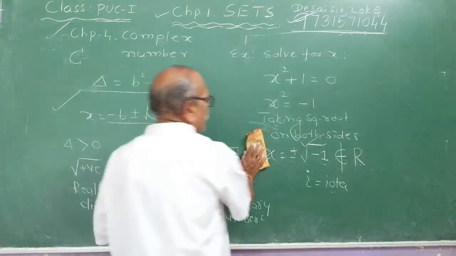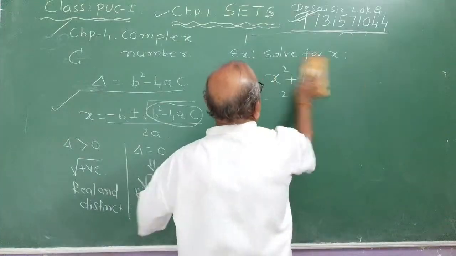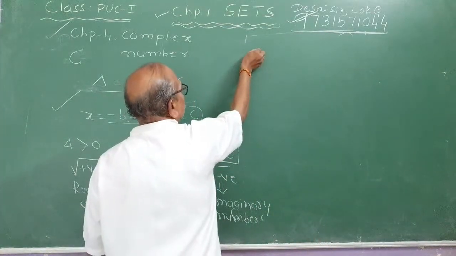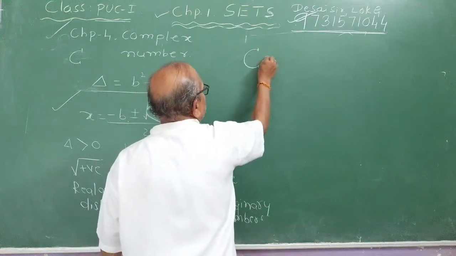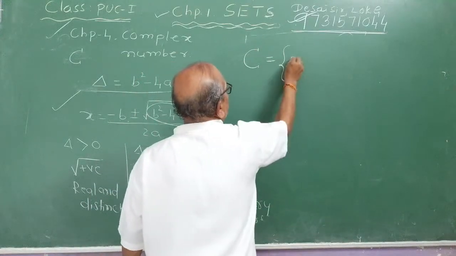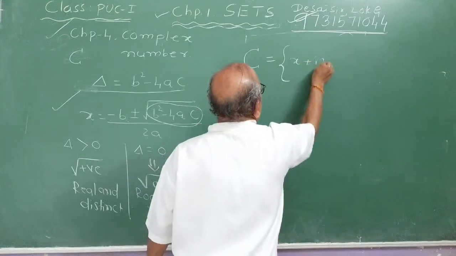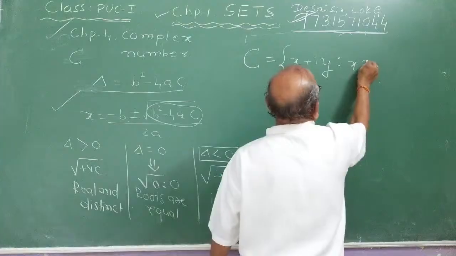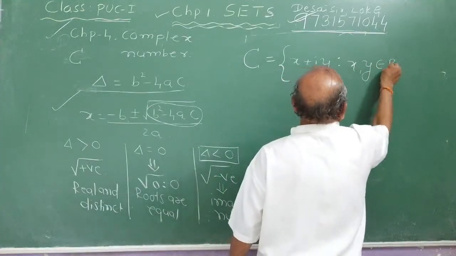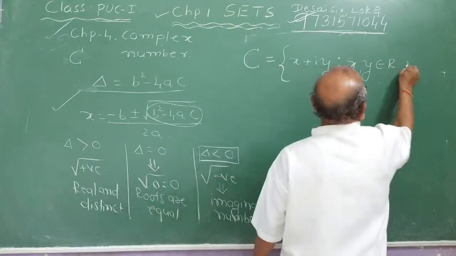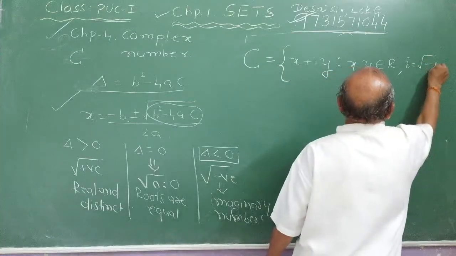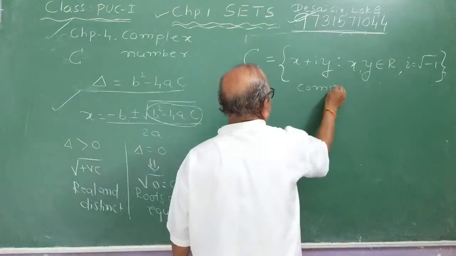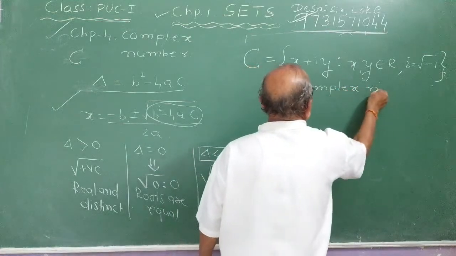I am just recalling where you came across complex numbers. Nowadays the biggest set is the set of complex numbers. How to define a complex number? A complex number will have two parts. C is equal to x plus iy such that x, y belong to real numbers, and i is equal to root of minus 1. That is the definition of a complex number.